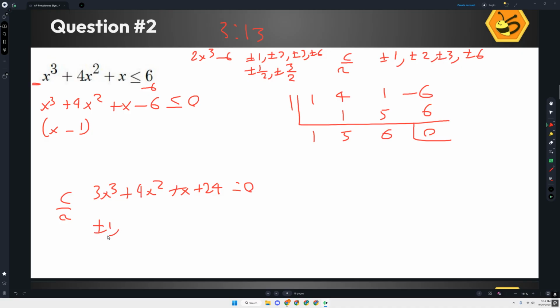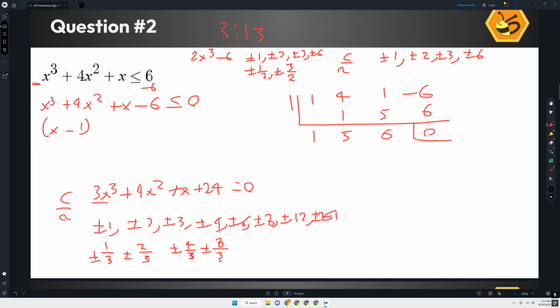So we have plus or minus 1, 2, 3, 4, 6, 8, 12, and then 24. But we also have all of them divided by 3. So we have plus or minus 1 over 3, plus or minus 2 over 3, plus or minus 4 over 3, plus or minus 8 over 3.